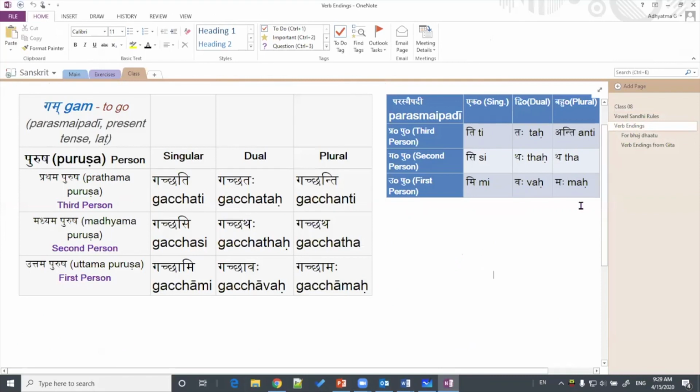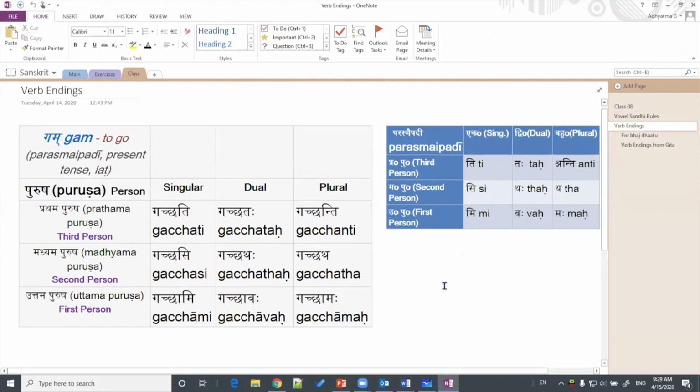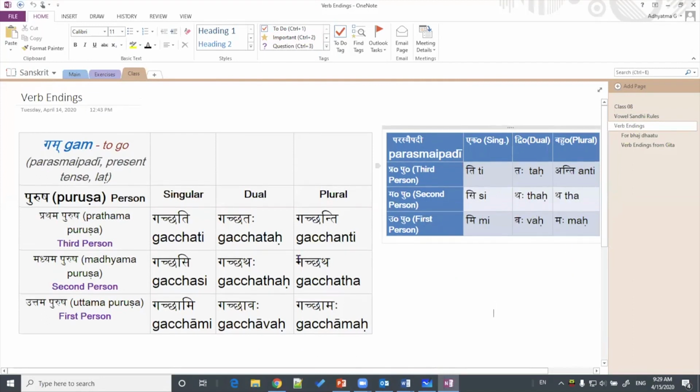So these are our endings. So you see ti, tah, anti, and this is an example. Gachhati, gachhatah, gachchhanti. We all are very familiar with this example. The root is gam, meaning is to go.